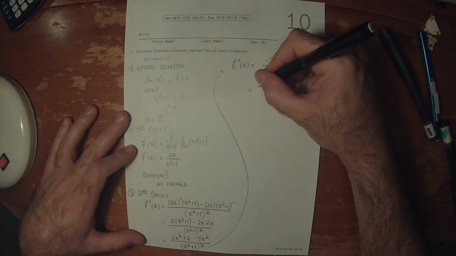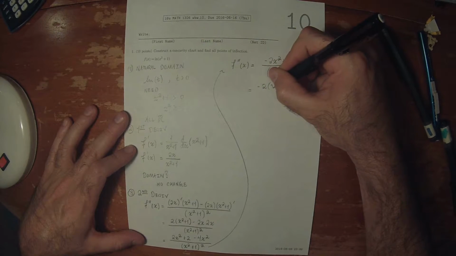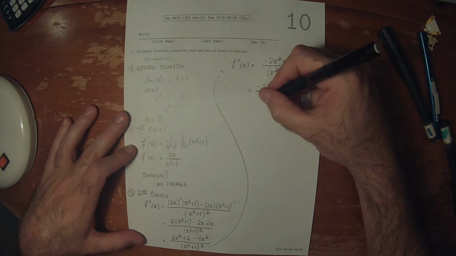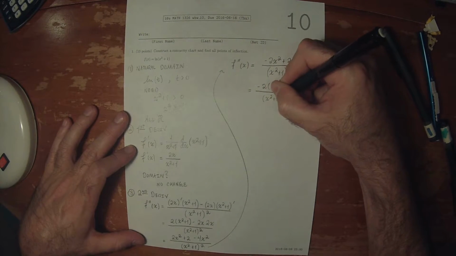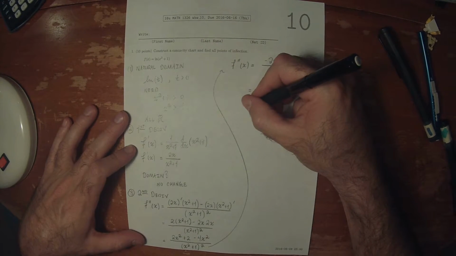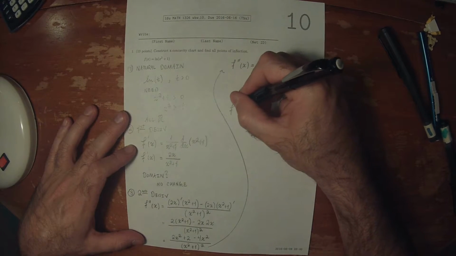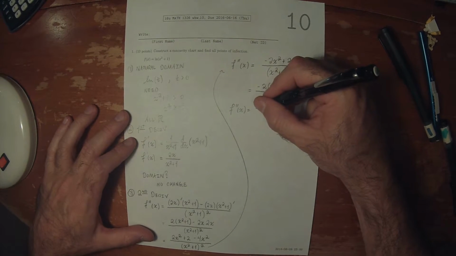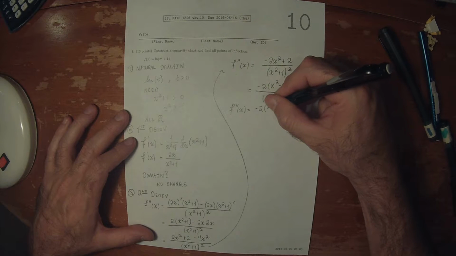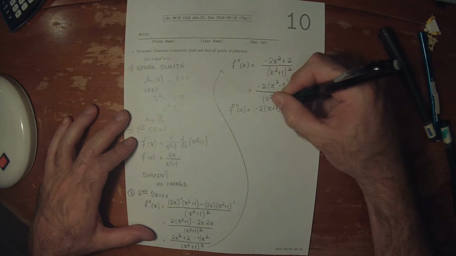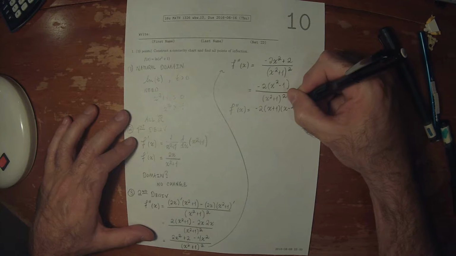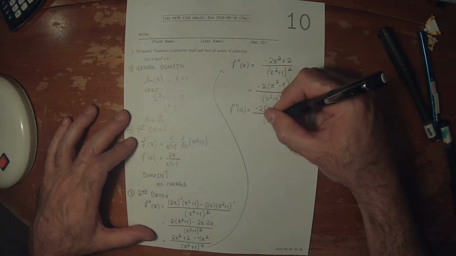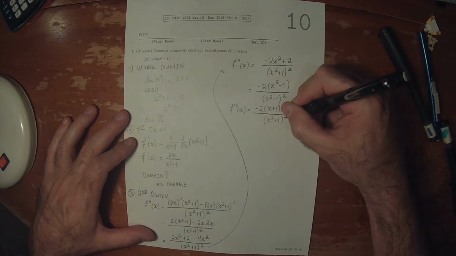And if you factor out a negative 2, that's negative 2 times x squared minus 1, over x squared plus 1 squared. And so finally, the numerator factors as negative 2 times x plus 1 times x minus 1, over x squared plus 1 squared.